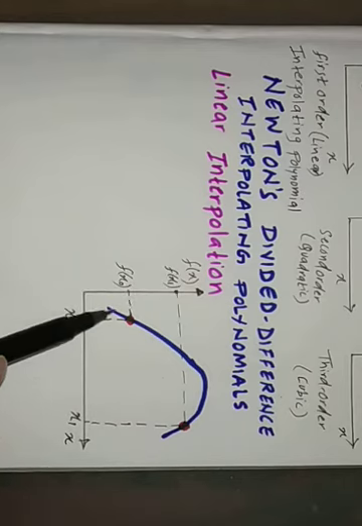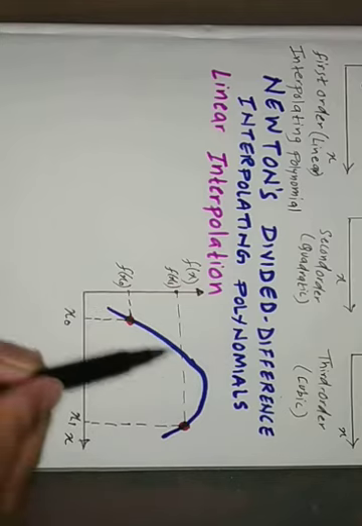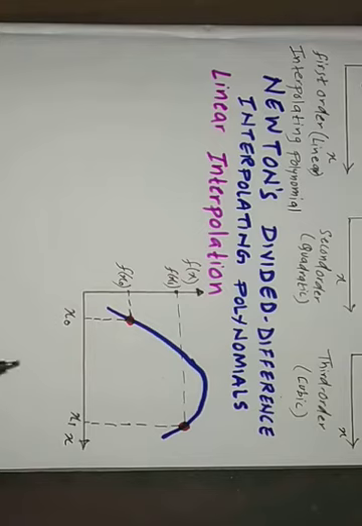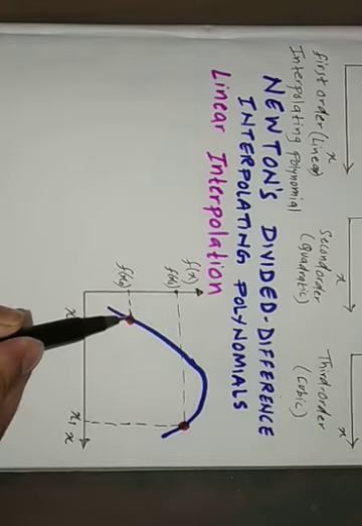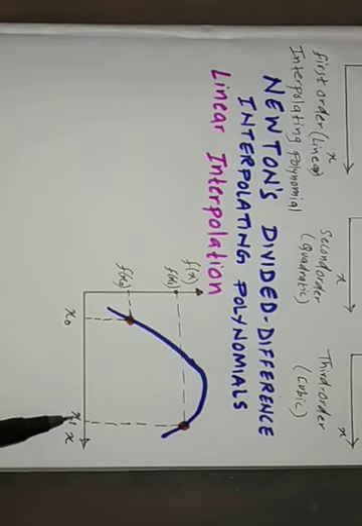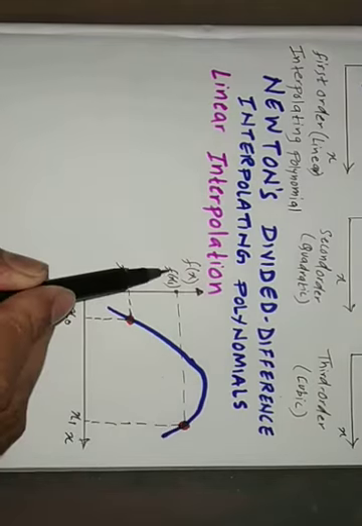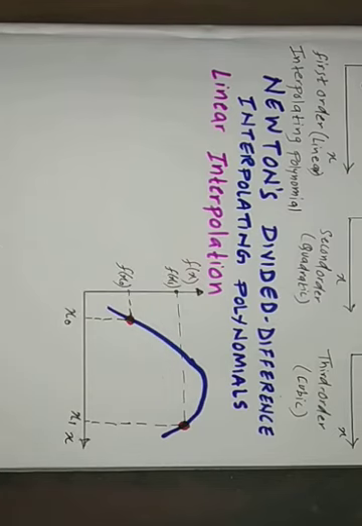This blue curve is the actual variation of f of x with respect to x, and we know 2 points, that is x0, and corresponding value of this function f of x0. Then x1 and corresponding value of f of x1 we also know.